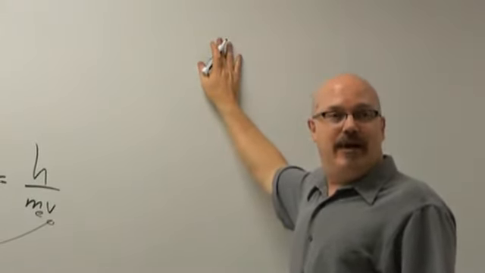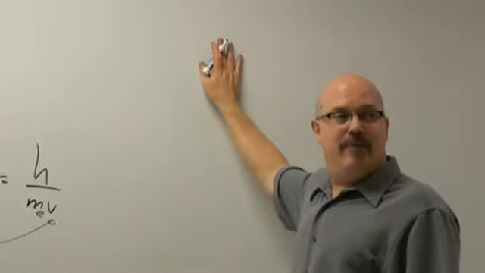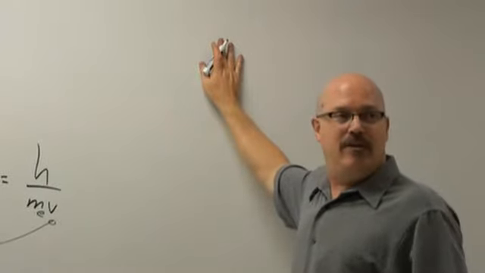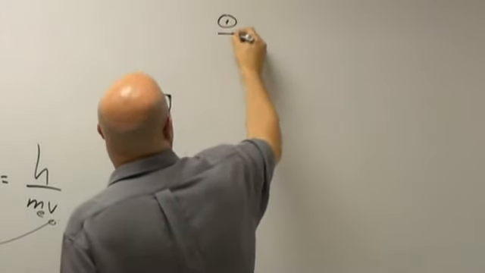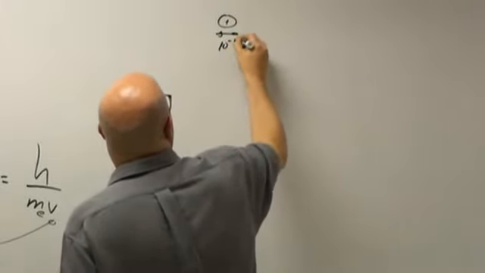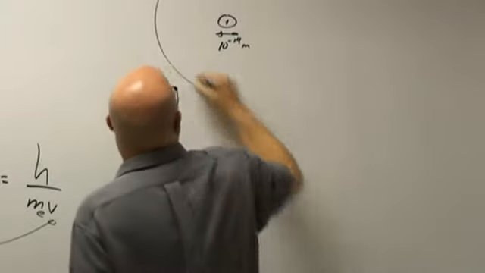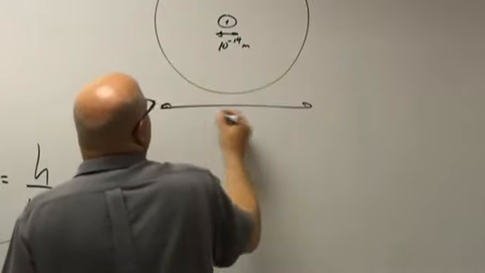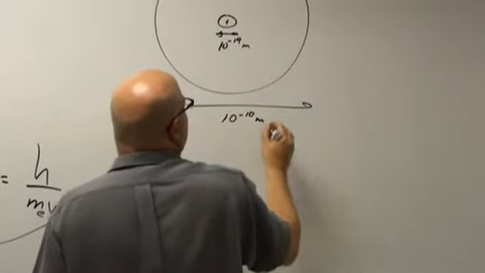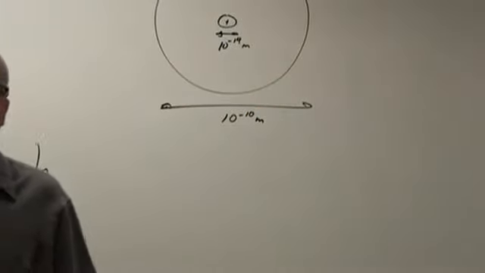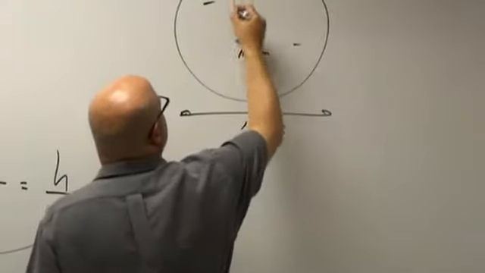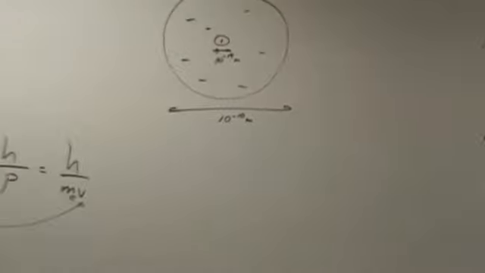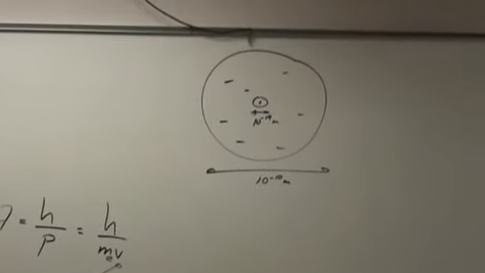Okay, let's backtrack a little bit. They discovered what the atom was like. Remember, with the Geiger-Marsden experiment, they discovered the Rutherford model of the atom, which is that the nucleus is about 10 to the negative 14th meters across, and the atom itself is 10 to the negative 10th, about an angstrom across. The big question was then, if that's the atom, what are these electrons doing out here? The obvious model was that they would go in orbit.